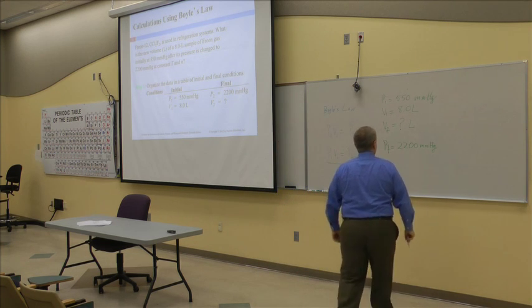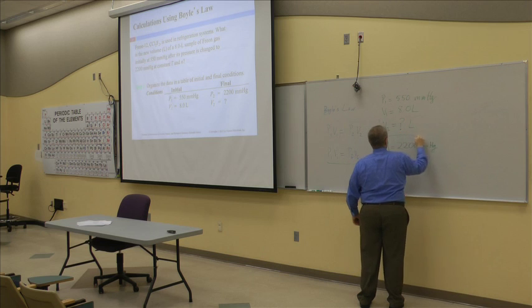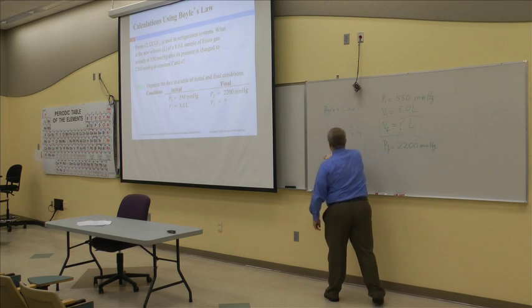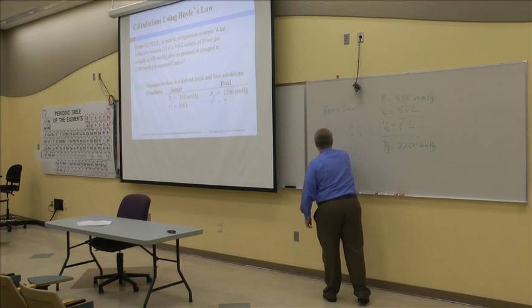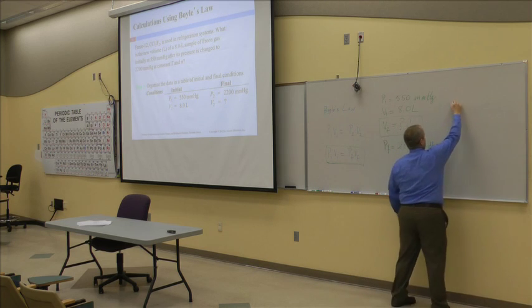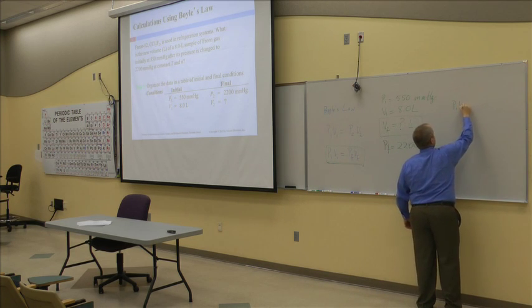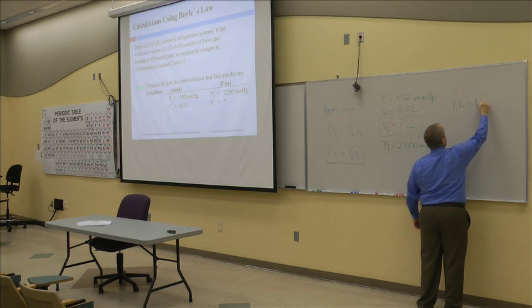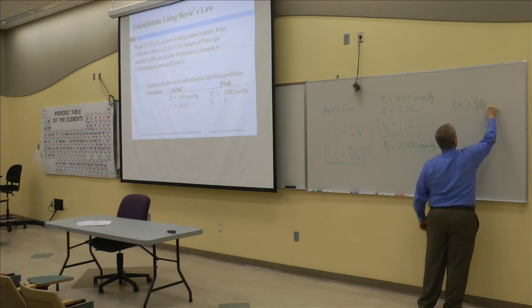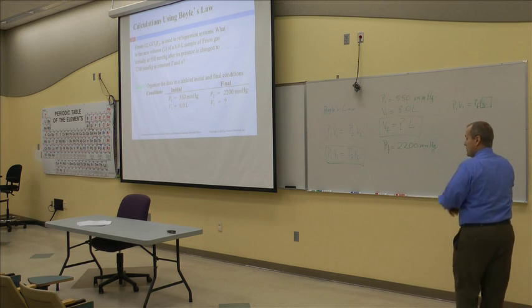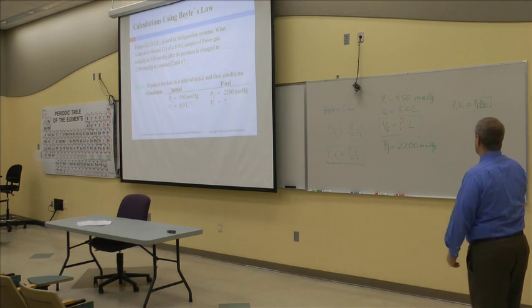So now we're looking for VF. That is what we need, and we know this is our formula. So PI VI is PF VF. This is what we need. So simple, rearrange the formula. That's how I do these questions.